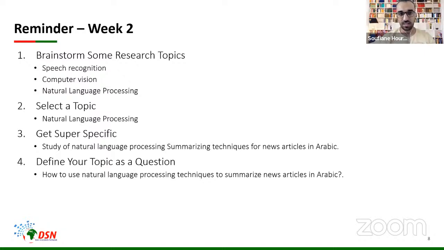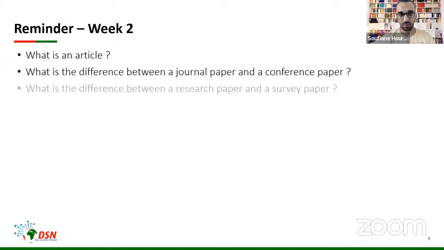Okay, so this is the general idea of week 2. We've seen the difference between a conference paper and a journal paper, and we say that a conference paper is in general a short version of a journal paper. In a survey paper we compare different methods.